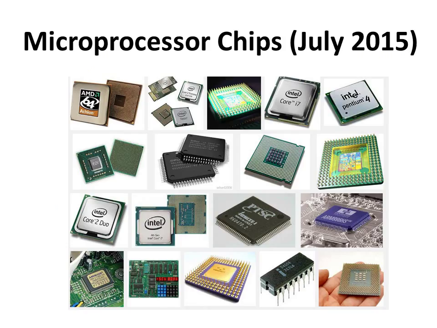Well, I just went to Google in July 2015 and searched Google Images for microprocessor chips. And here are some of the images I turned up. These chips are really at the high end of the microprocessor chip group.